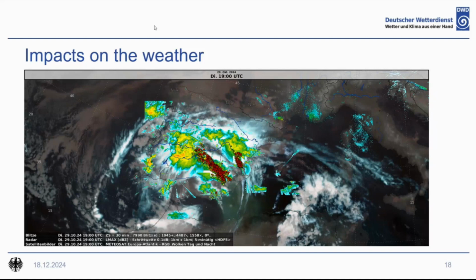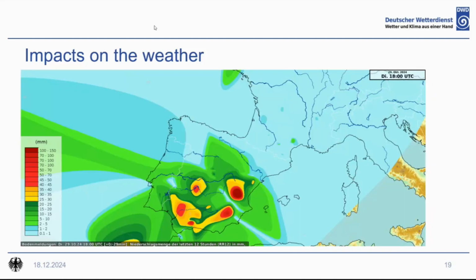There are large regions of rain, and there's a very high number of lightning strikes, which you can see as the dots on the right. Over the day, you can see in the 12-hour precipitation clusters until 18 UTC that on the windward side of the mountains, stationary thunderstorms were caused, and that they were often reactivated because of the orographic lifting.